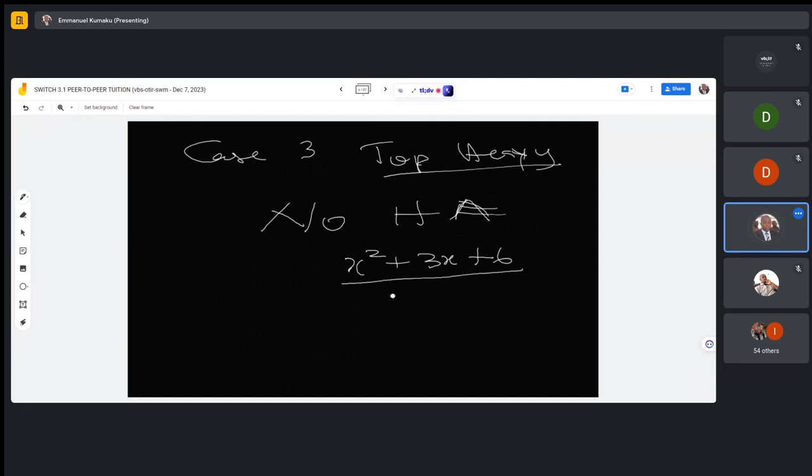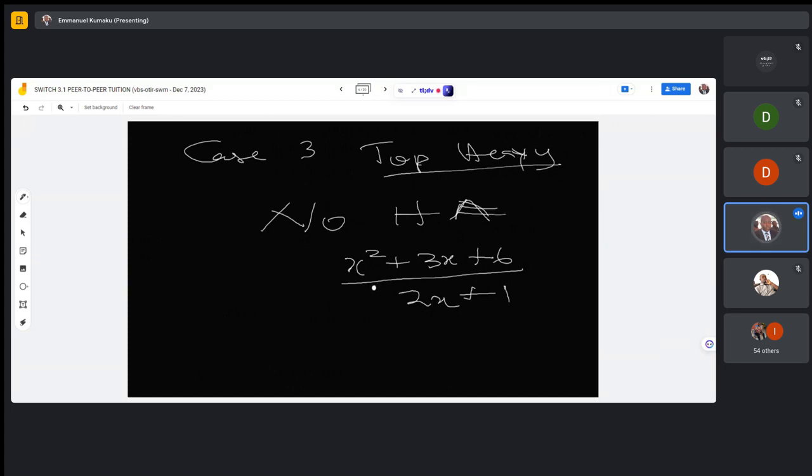It doesn't represent anything. So randomly, I'm going to write another one, x squared plus 2x plus 1. So this expression is top heavy, so it doesn't have a horizontal asymptote. Then you can move on to perform further tests.